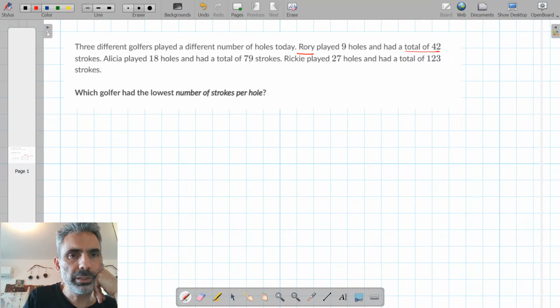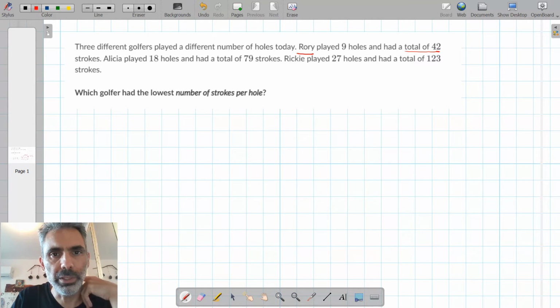Alicia played 18 holes and had a total of 79 strokes. Ricky played 27 holes and had a total of 123 strokes. Which golfer had the lowest number of strokes per hole?